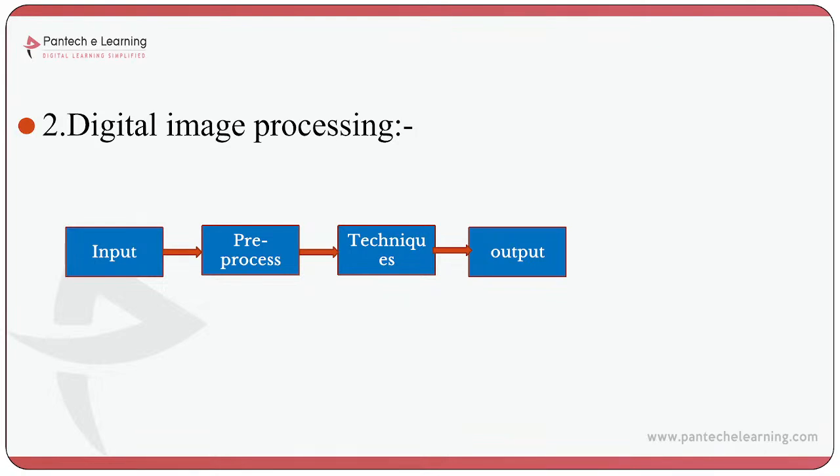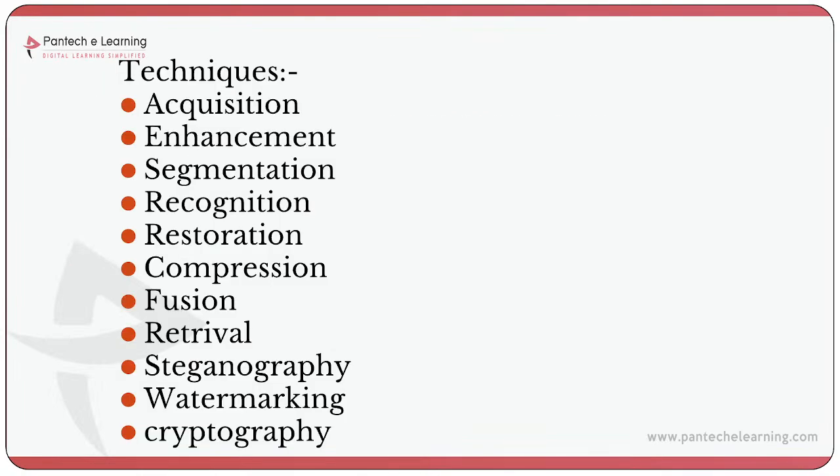So what is image acquisition? Image acquisition is nothing but getting input from images or video. Coming to pre-processing, it means reducing the complexity, resize, conversions, gray to black and white conversions, filtering means mean and median.